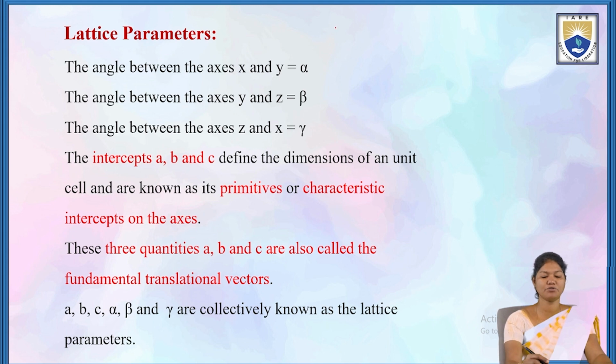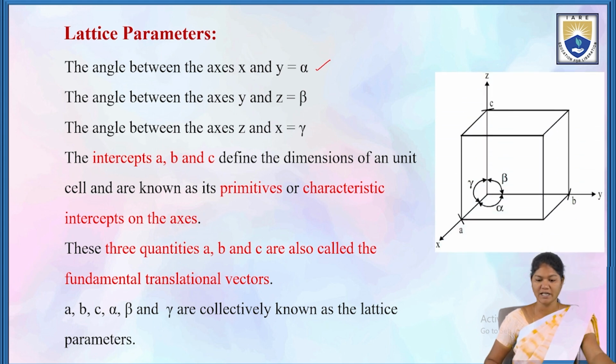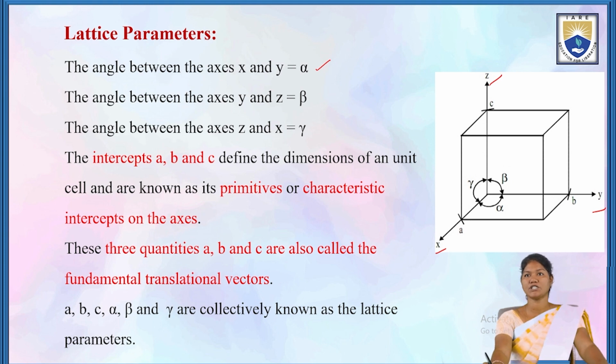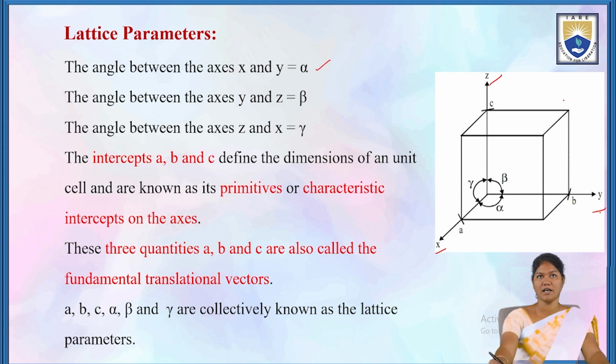So the angle between the axes x and y is equal to alpha. Let's see in this diagram. Here the crystallographic axes are x, y, z. The angle between x and y is alpha.